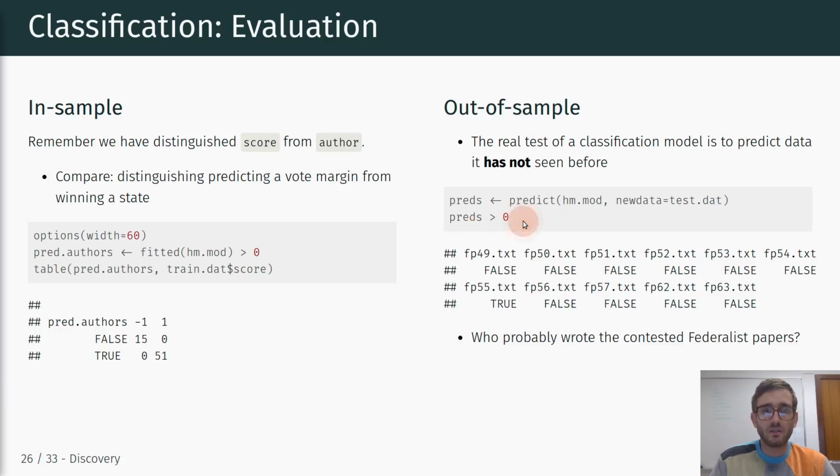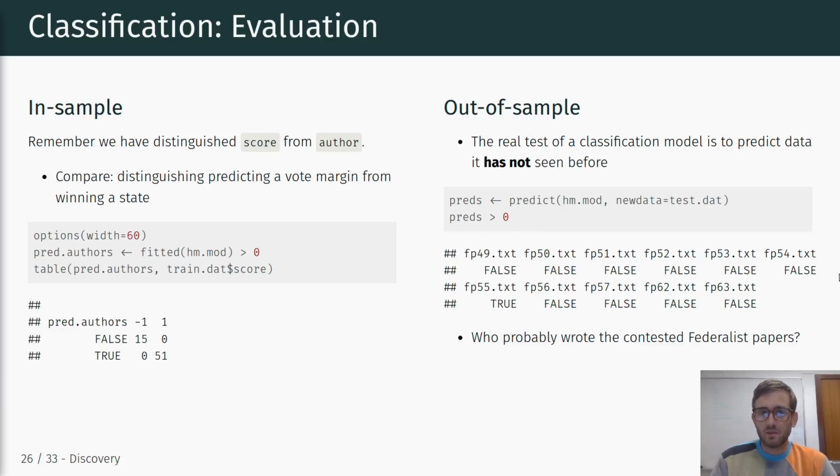And again, we're going to dichotomize that and use 0 as a threshold. So if our predicted value is larger than 0, we will predict that the author was Hamilton, and if it's smaller than 0, then the authorship is predicted to be Madison, right?